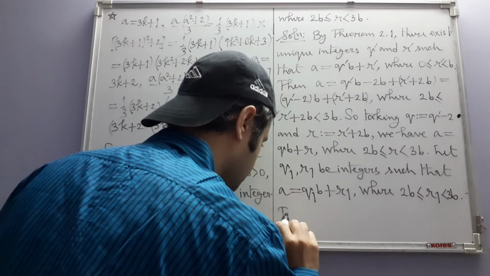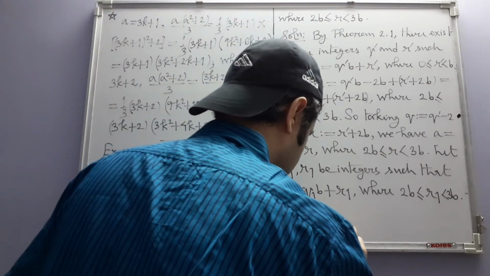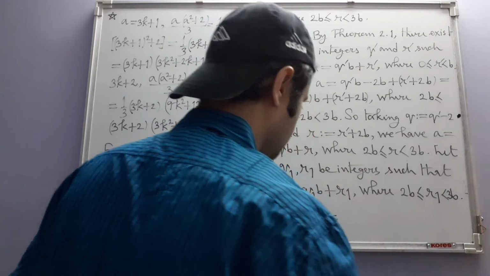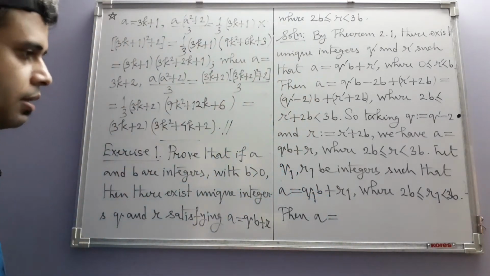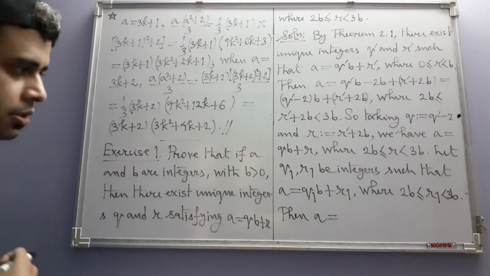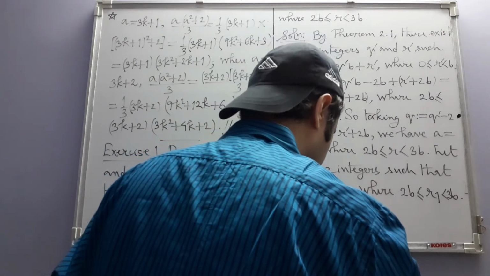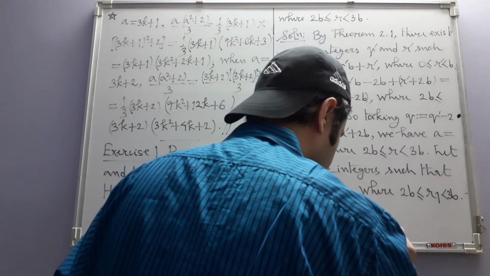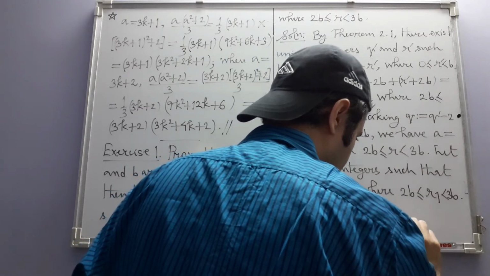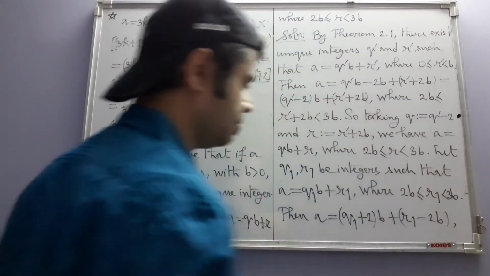Then a can also be written as q1 plus 2 times b plus r1 minus 2b.